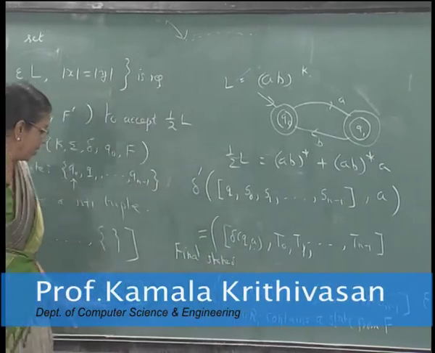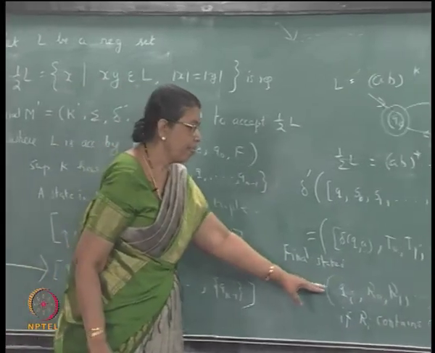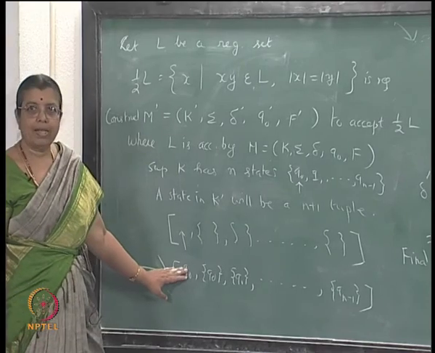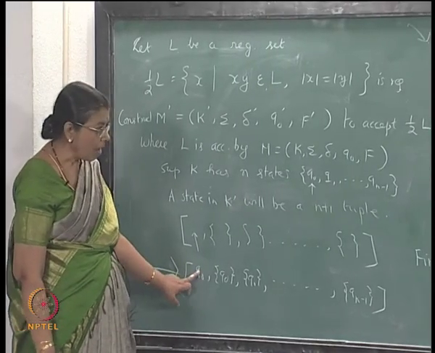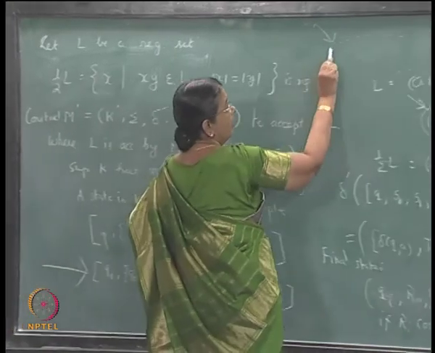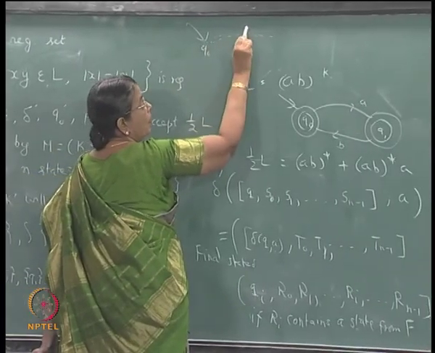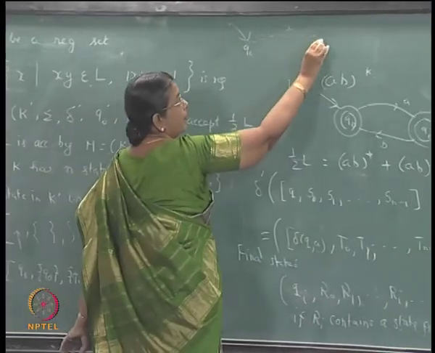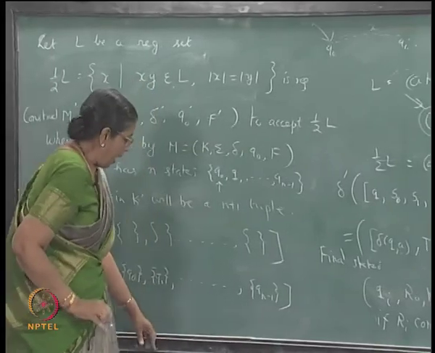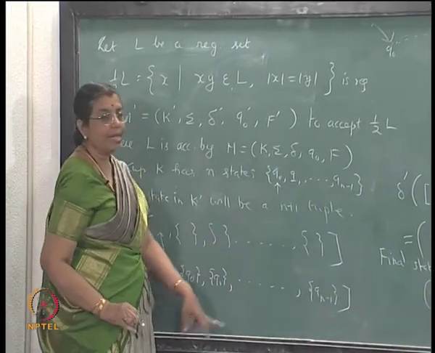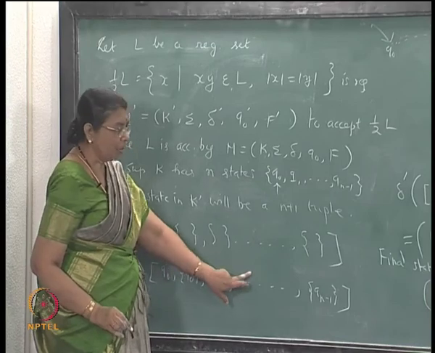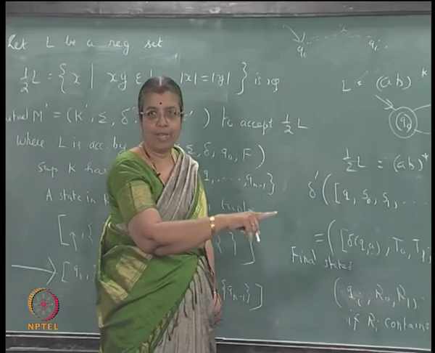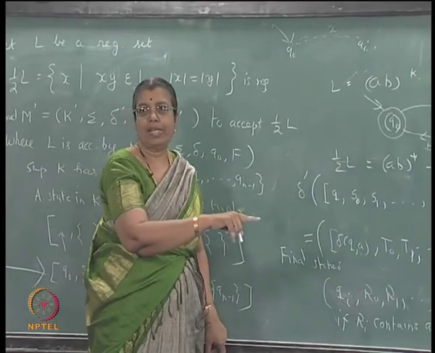In the original machine, starting from q naught after reading some x, you have reached qi, and because Ri contains a final state, starting from qi after reading a string of equal length, you have reached a final state.